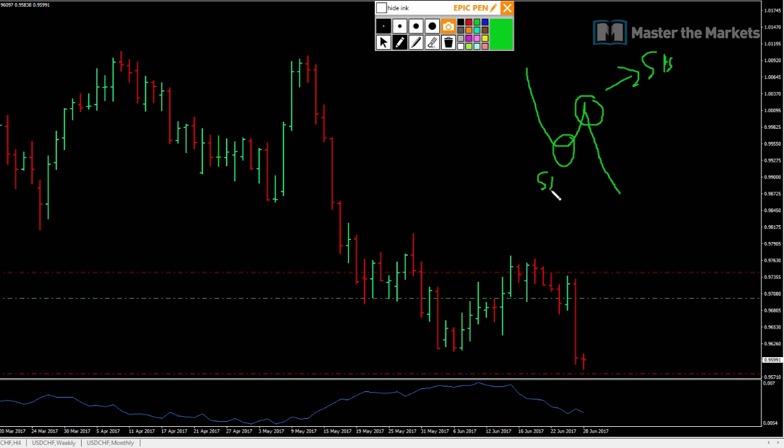Now, what are swing highs and swing lows? Swing highs and swing lows are points where the market turns, like over here, right? The market turning, and then it's going up and down, like in a cycle movement.